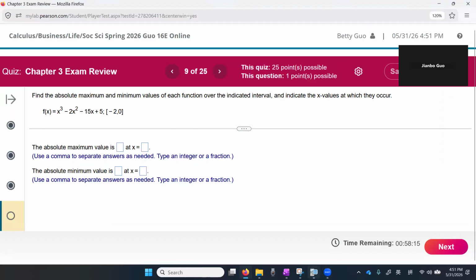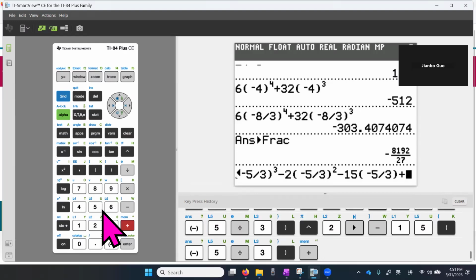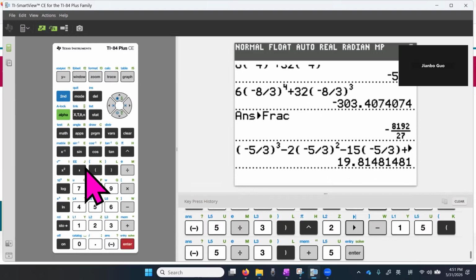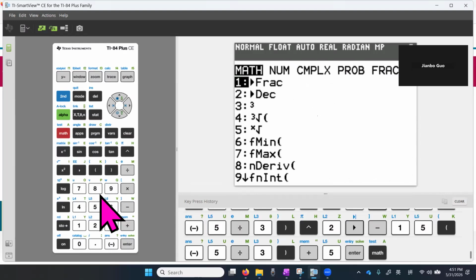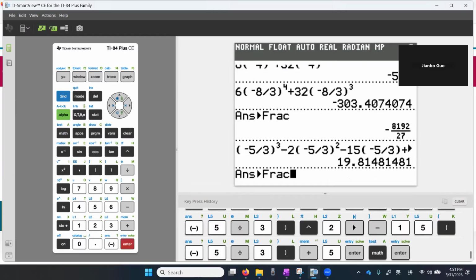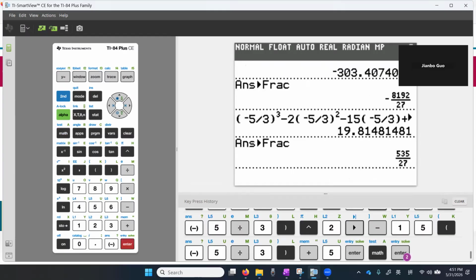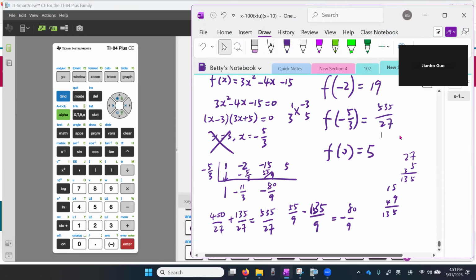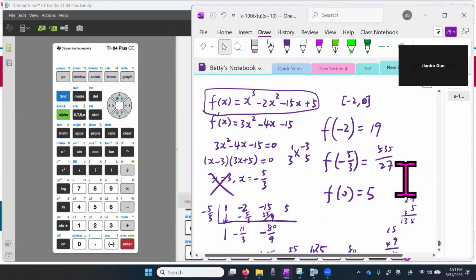Plus 5. 535 over 27. So we got it right.